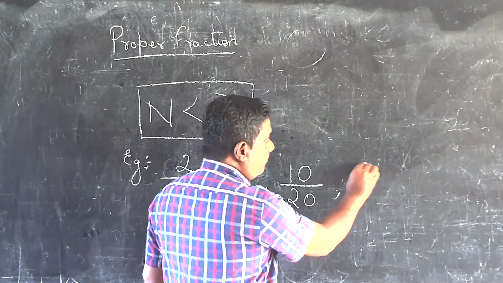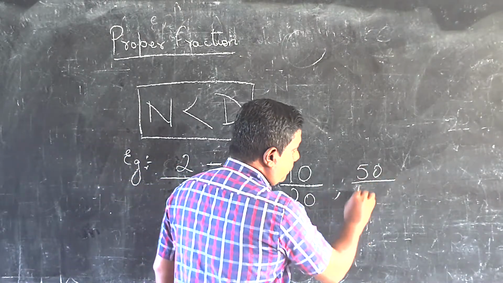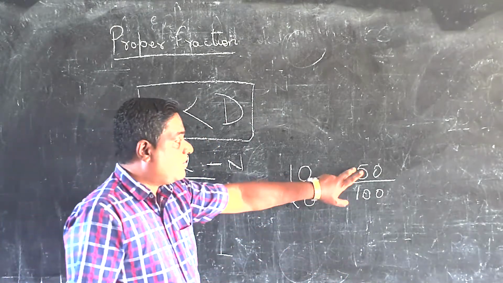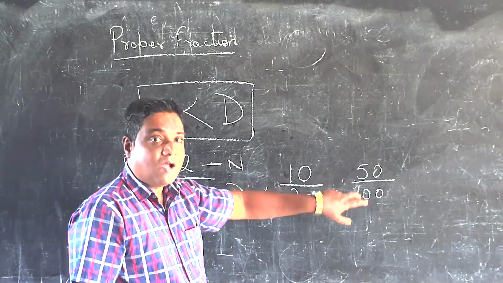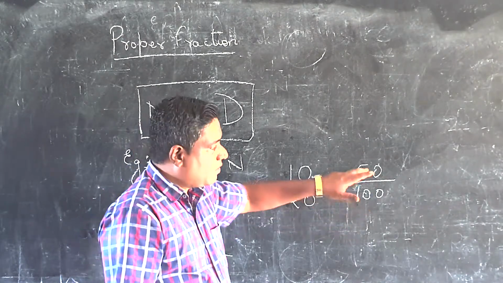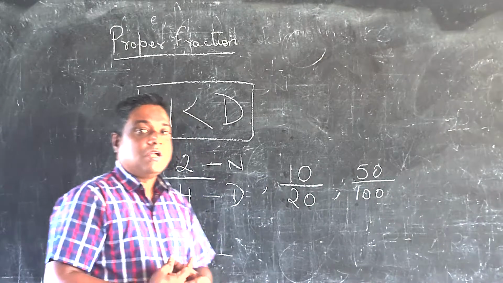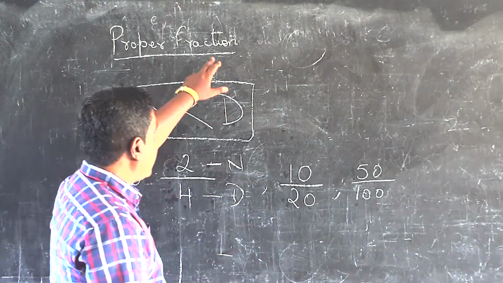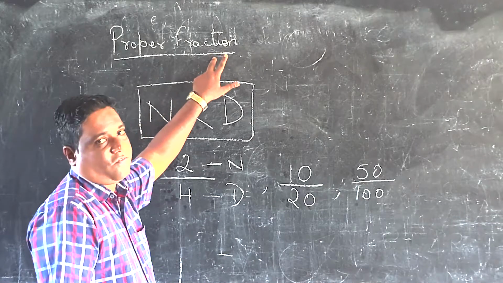Again, example, 50 upon 100. 50 is less than 100. Is 50 greater than 100? No. So the numerator is less than the denominator, and it is called a proper fraction.